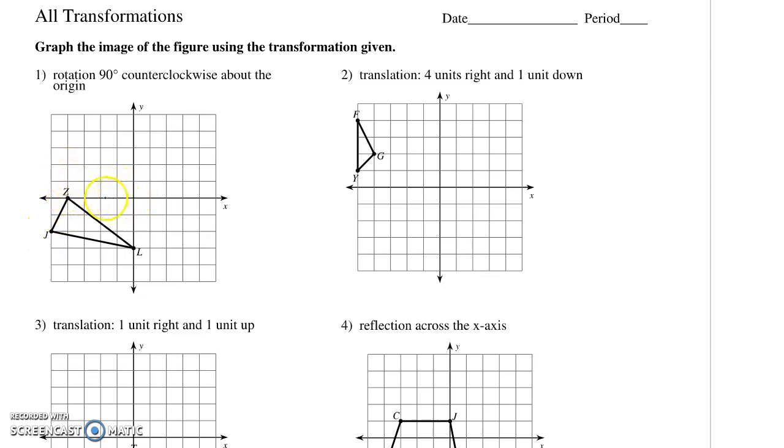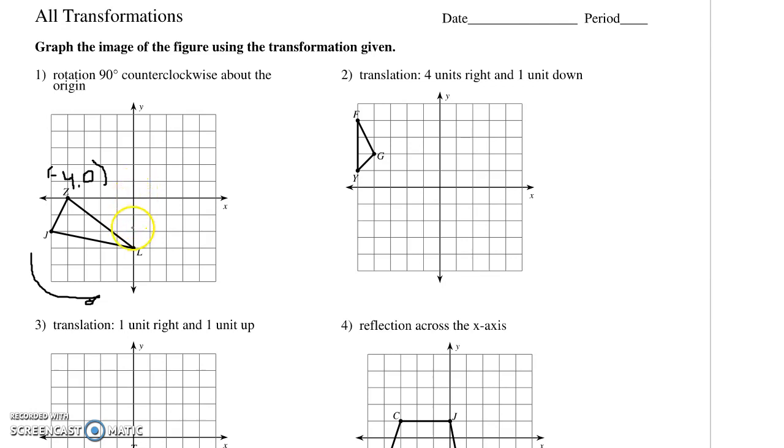So Z is at negative 4, 0. And I need to flip the coordinates and then make the new first coordinate negative, but it's 0. So this point, if we're going to move it 90 degrees counterclockwise, instead of being at negative 4, 0, it's going to end at 0, negative 4.